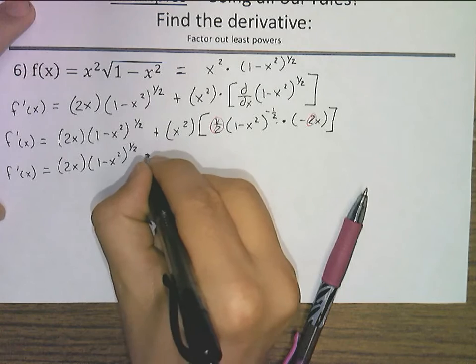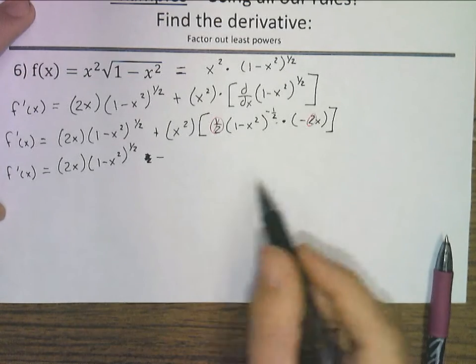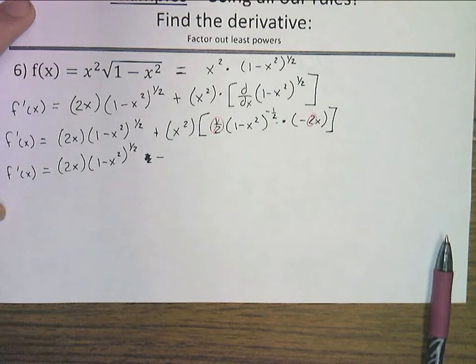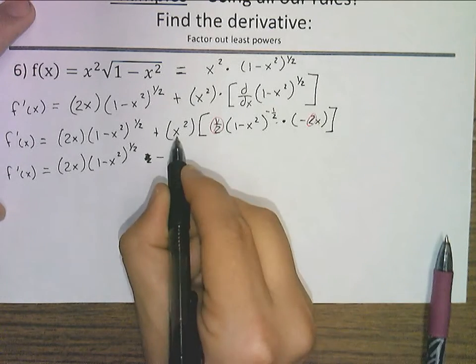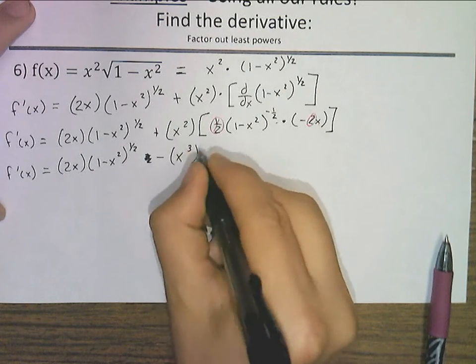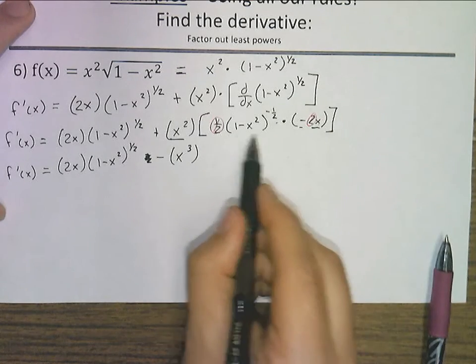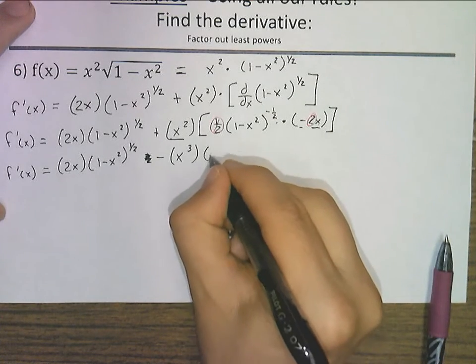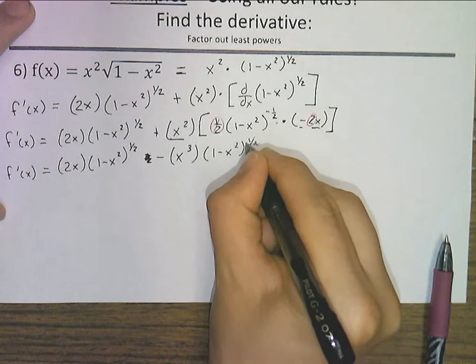I'm going to go back and erase that. I wrote in pen, so I can't erase it, but I'll scribble it out. This negative comes out in front. I've got an x here and an x squared there, so that's x cubed. So I've taken care of that part and that part. I've taken care of the negative, and that leaves me just this quantity, 1 minus x squared to the power of negative 1/2.